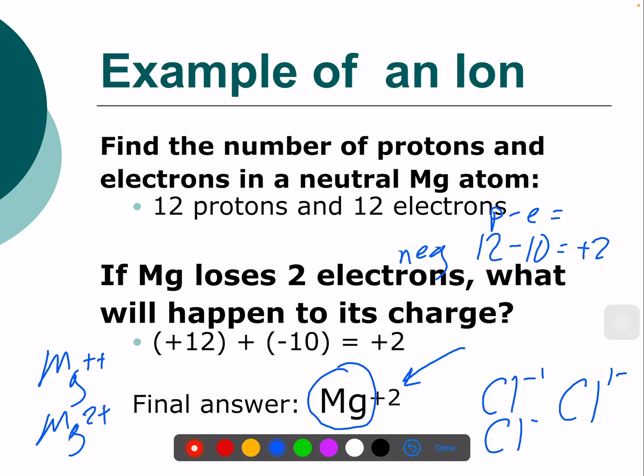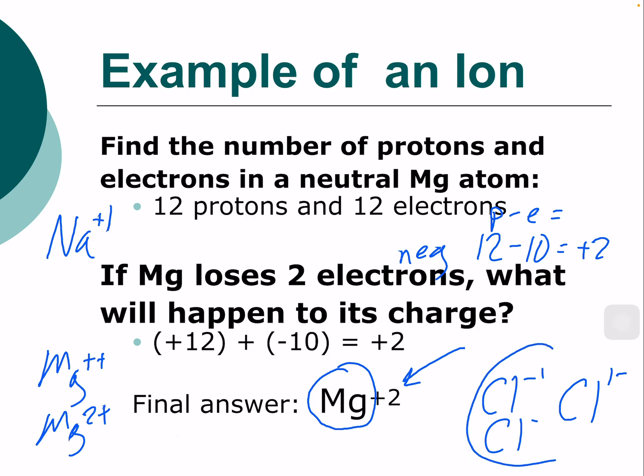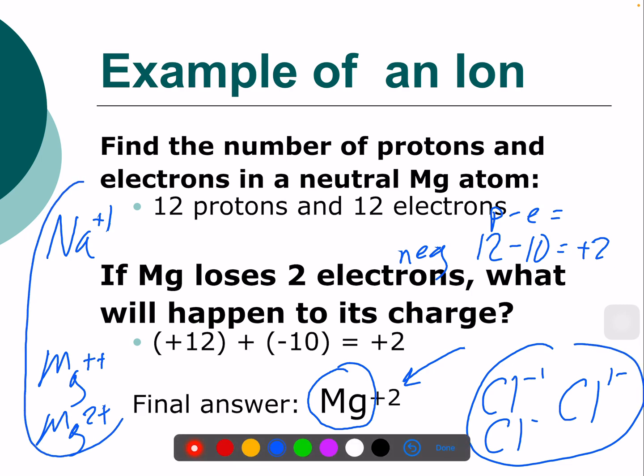Or you might just see something like sodium with just a plus and no number. That means it's a plus 1. So there are all kinds of different ways of saying whether it's negative or positive. Just realize that all of those are the same thing.